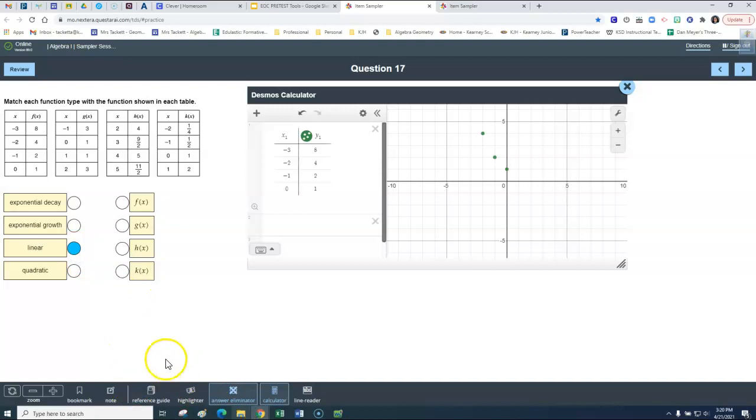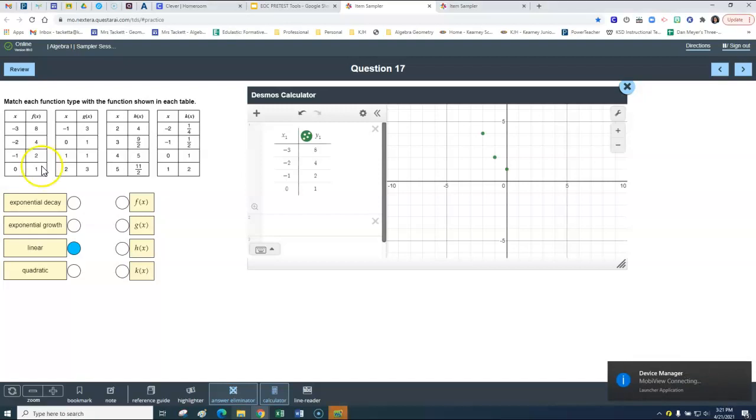And then quadratic, it could be quadratic, okay, so you want to actually see this one, and you actually want to look at the numbers a little more, see what it's actually doing.